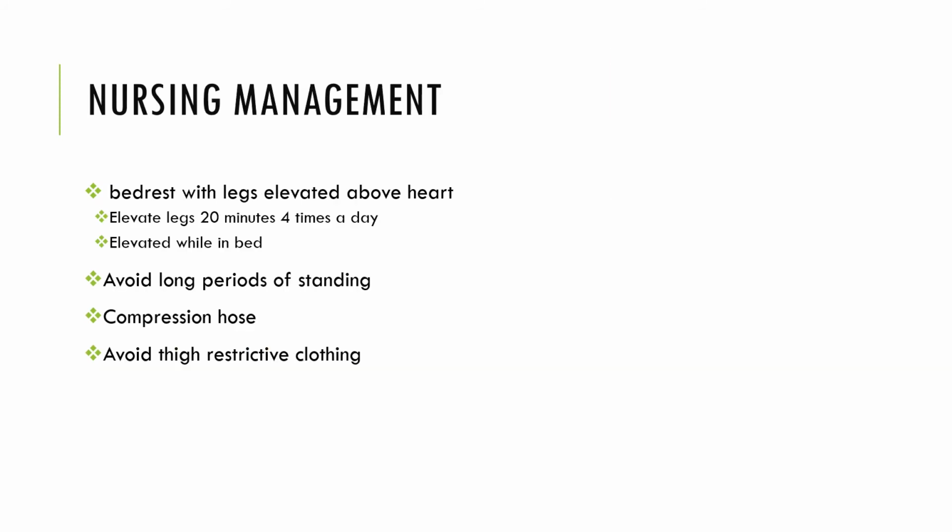Nursing management, we want to provide bed rest with legs elevated above the heart. We're going to suggest they do this for 20 minutes, 4 times a day. And every time they're laying in bed, we always want those extremities elevated. We want to avoid long periods of standing. We want to encourage compression hose and avoid thigh restrictive clothing. So we don't want anything restrictive on them.